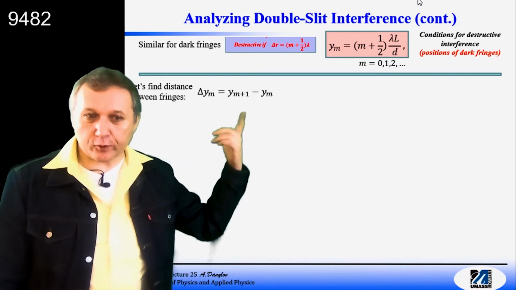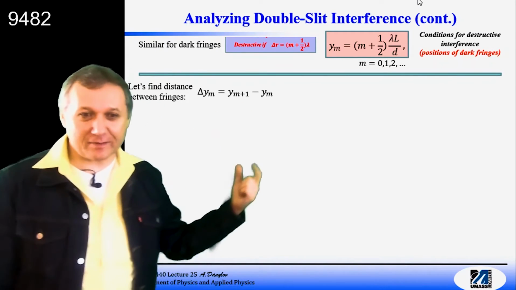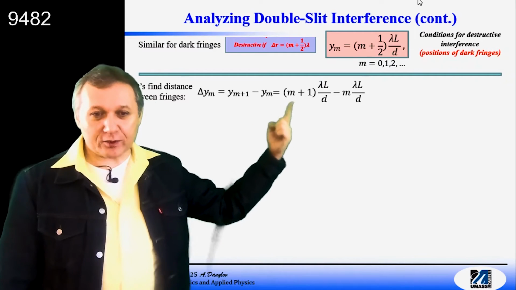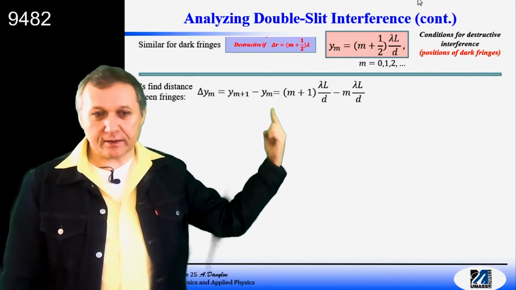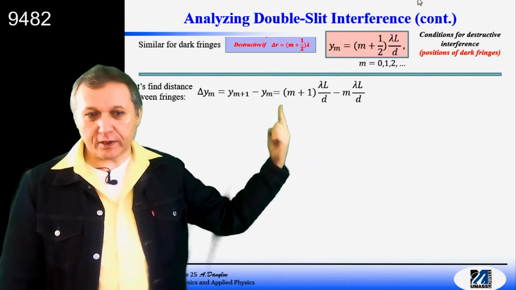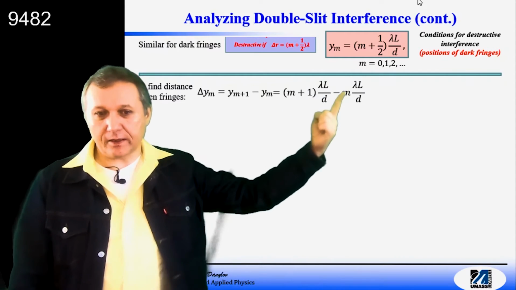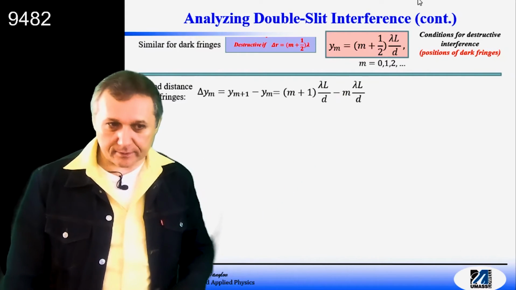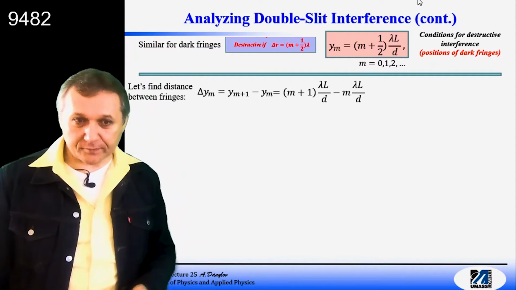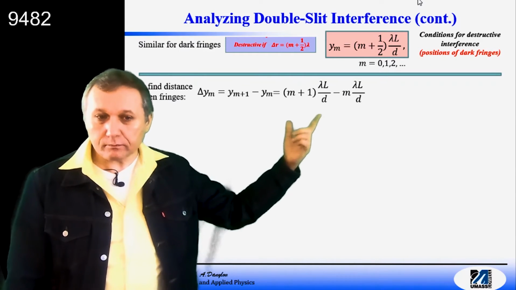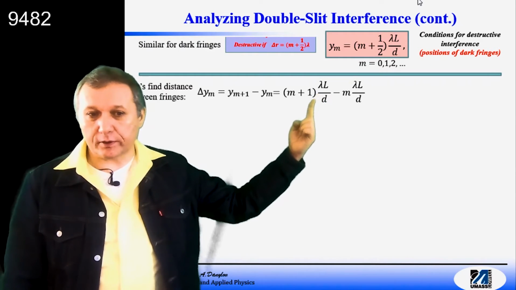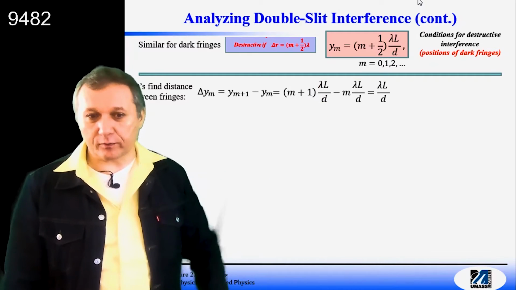Okay, so we know the formula at the end of the previous slide. This will be (m plus 1) lambda L over d minus m lambda L over d. Of course, the term m and the term m cancel each other. As a result, we will have only 1 times lambda L over d.